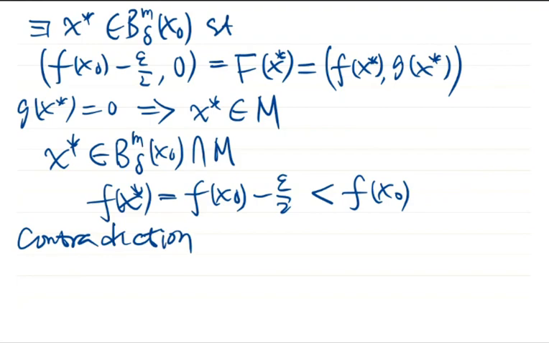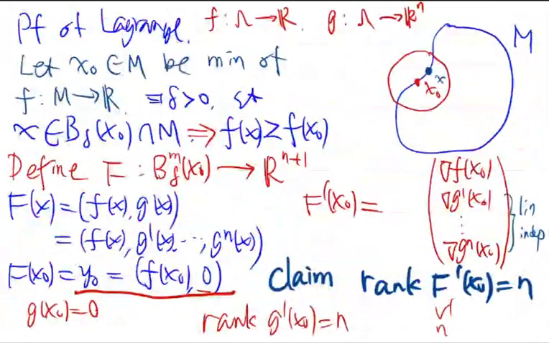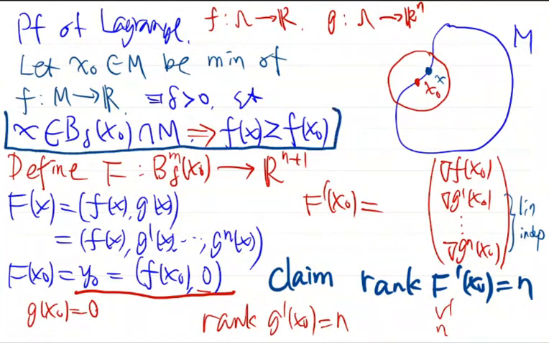The delta satisfies this condition here: when x is a point in the intersection of the delta neighborhood of x0 and M, the value of f is not less than the value of f at x0.